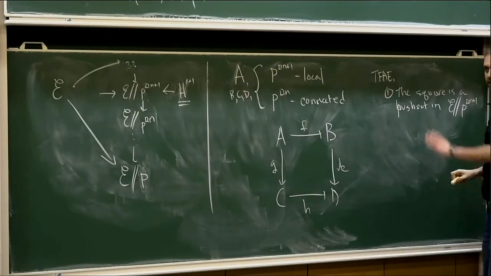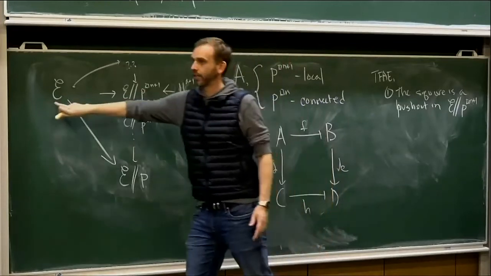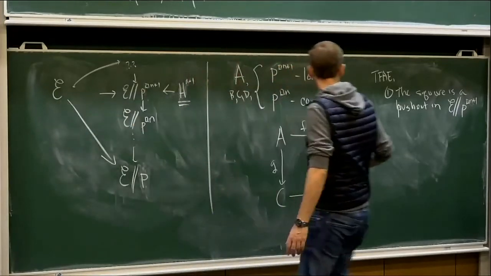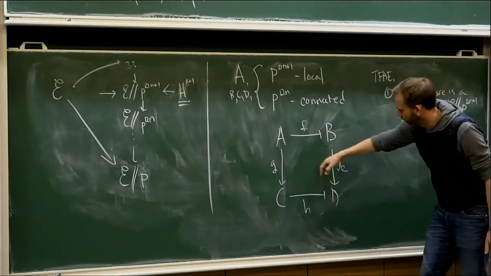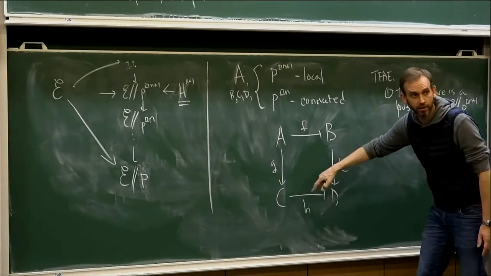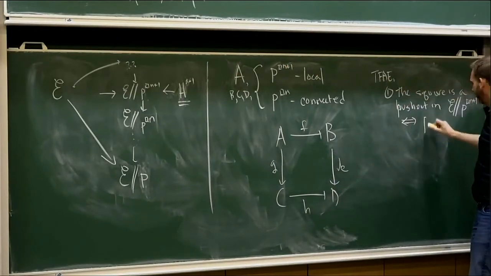Here you have to be careful because I mean that it's a push-out here and not here. This is equivalent to the following. There's a universal map that goes right here from the push-out to right here, and let me write that map H comma K.